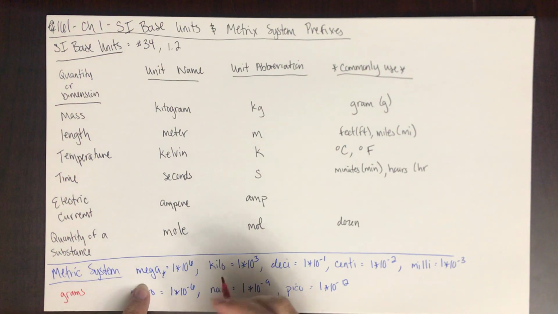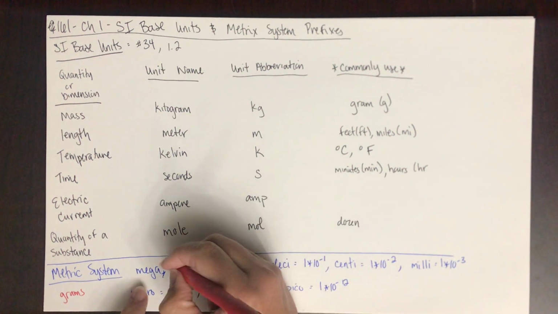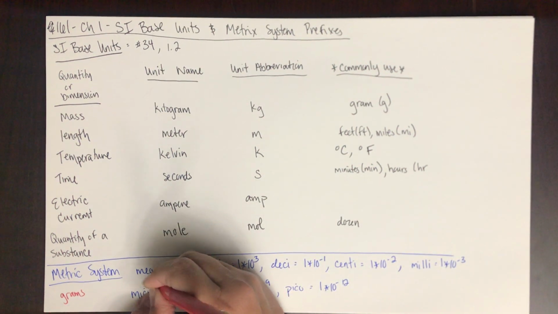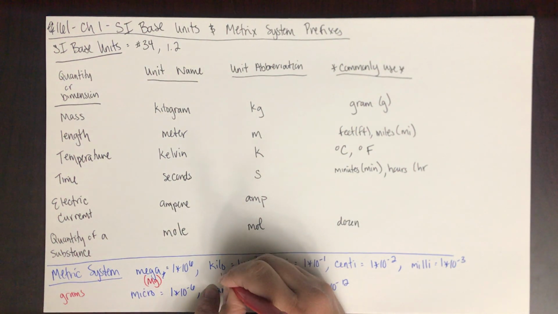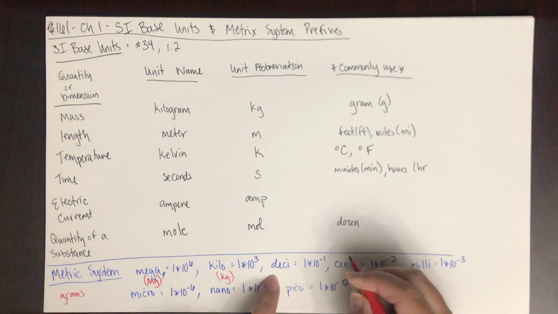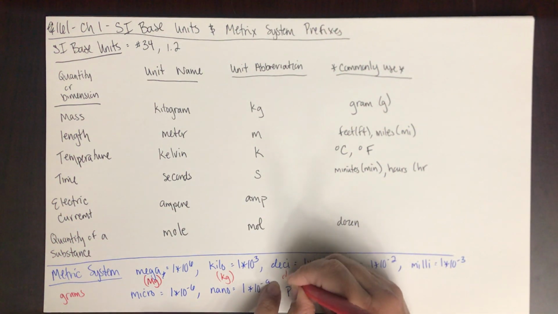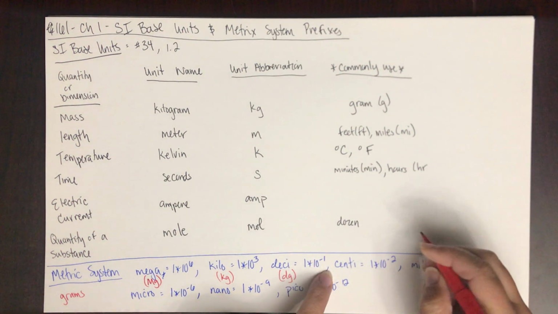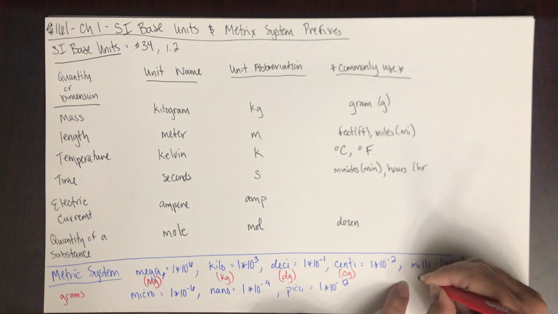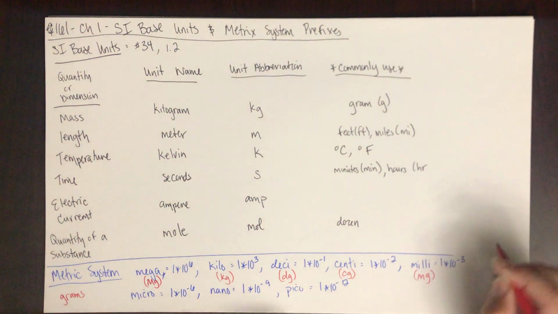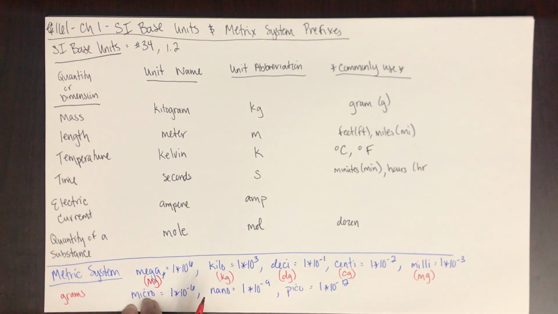The symbol for megagram is capital M, so a megagram would be Mg. A kilogram, with a lowercase k, would be kg. A decigram is dg. Centigram is cg. Milligram is mg. A microgram, this is the weird one that you may not have seen before.